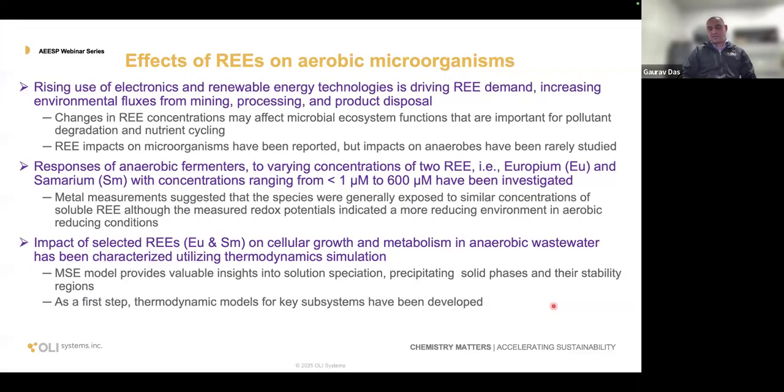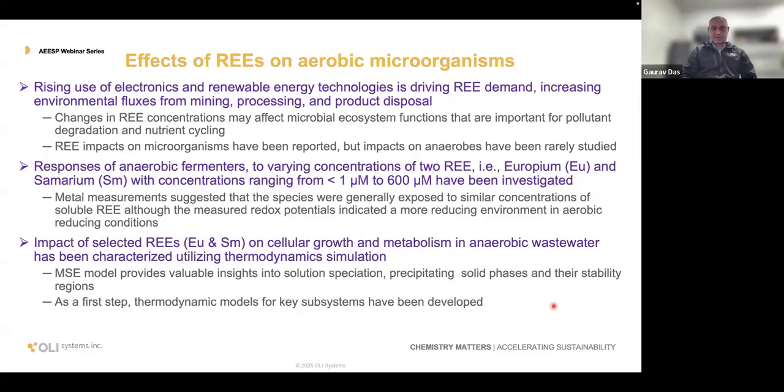The ubiquitous presence of rare earth elements in renewable energy technologies and also in modern electronics and electrical devices has increased the environmental fluxes of these compounds coming from mining, processing, and product disposal. Changes in rare earth concentrations in the wastewater stream could affect the microbial ecosystems responsible for pollutant degradation and nutrient recycling.